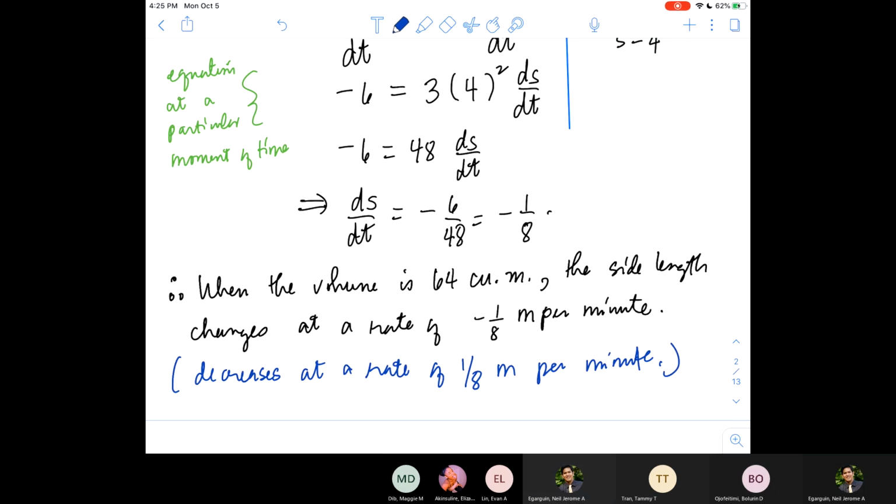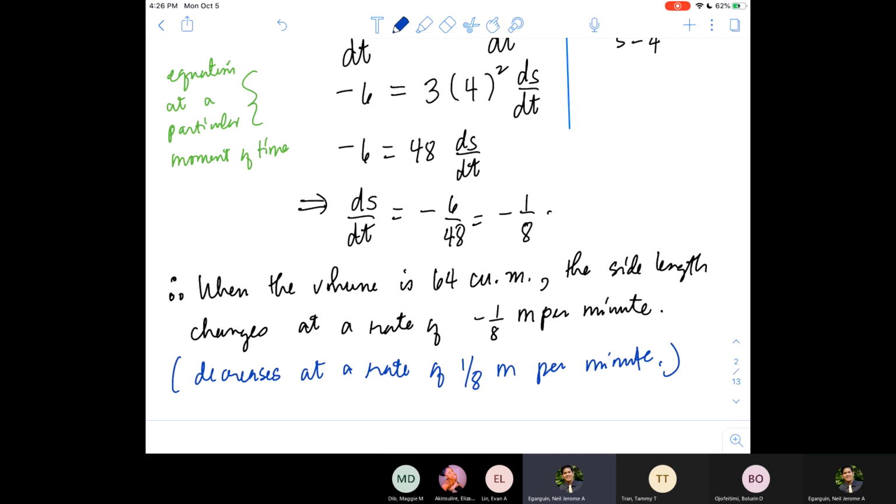Right. So I hope you see the distinction here. When you just say that the side length changes at a certain rate, you should include the sign because that will tell the reader whether it is increasing or decreasing. And I find it often more informative if we just simply say that the side length decreases at the rate of 1/8 meter per minute.